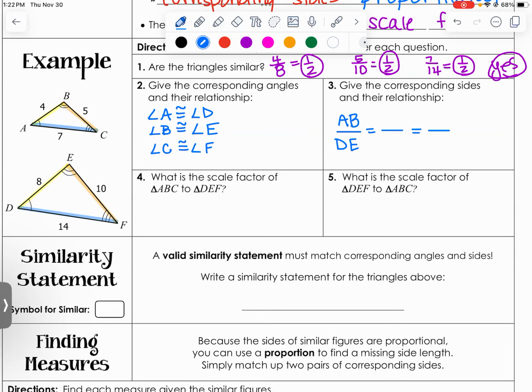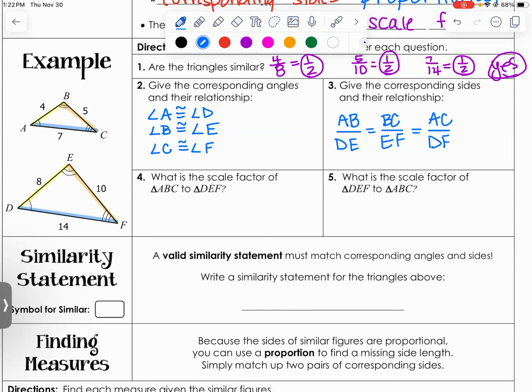Okay. If I choose BC for our numerator, which side goes in our denominator? Good, EF. If I choose AC for our numerator, what goes in our denominator? BF. So we're matching up the sides together.